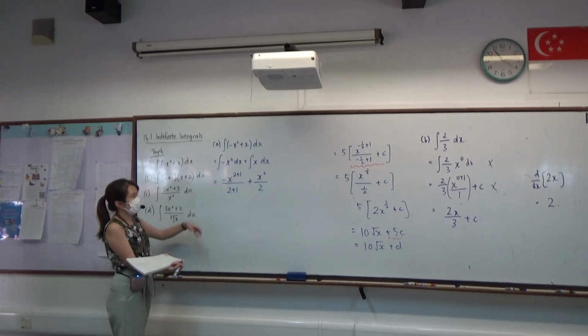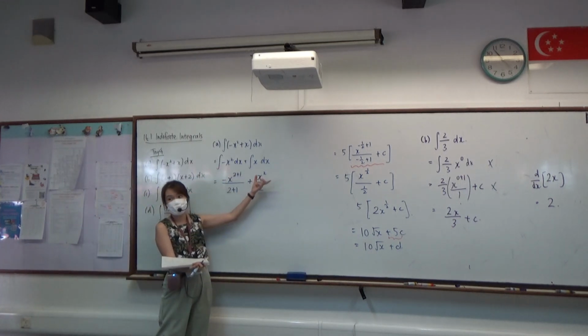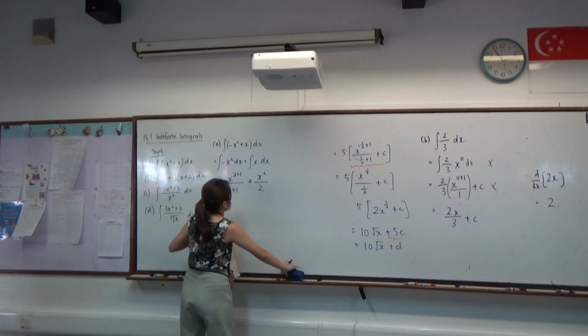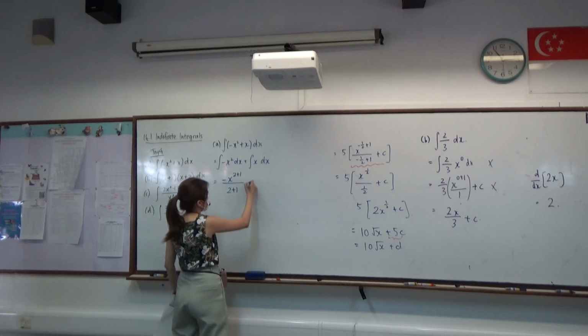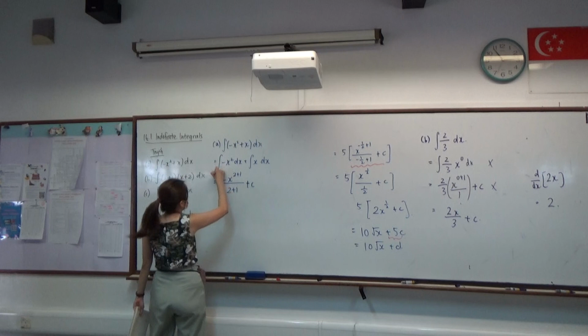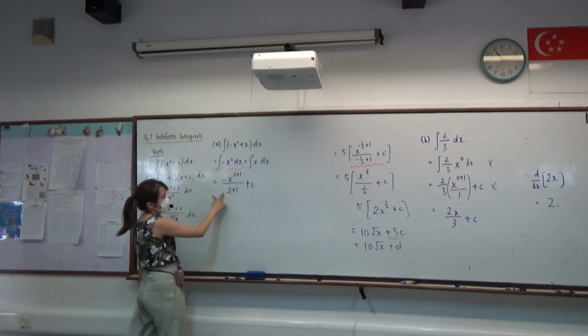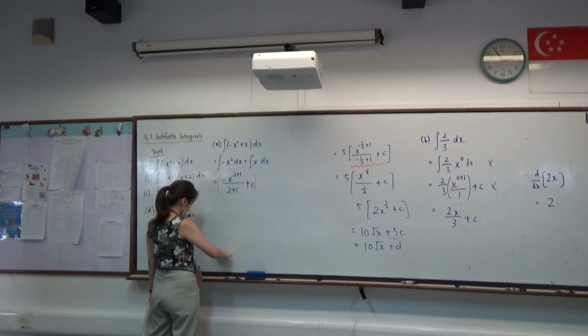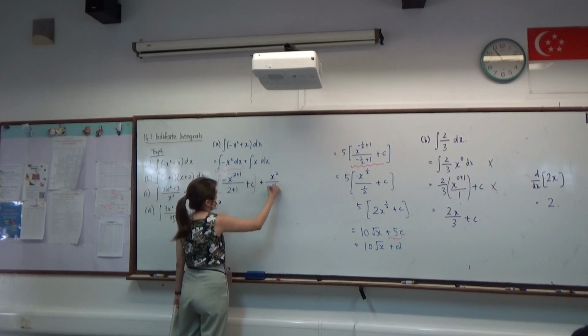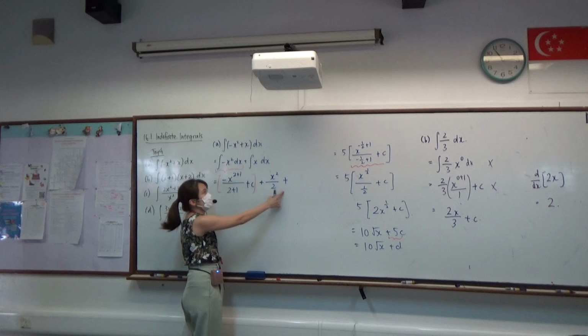Notice that I didn't put in the plus c for each integral. You can choose to put plus c. So for instance, integration of negative x squared dx will give you this plus c, followed by this one will give you x squared over 2. You're going to add another constant.